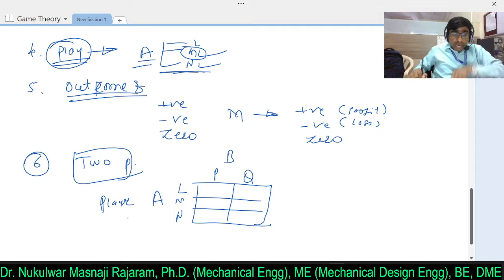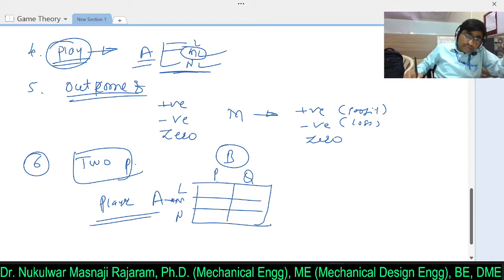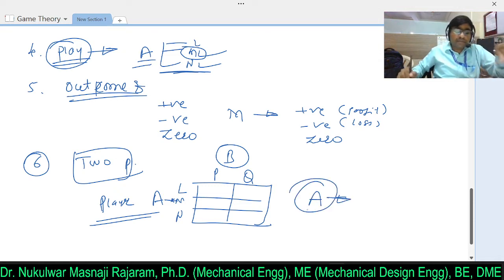The outcome doesn't depend only on A selecting strategy M, because there is one opponent, one competitor, who may select the P or Q strategy. Depending upon these two strategies, the gain or outcome of A will depend.